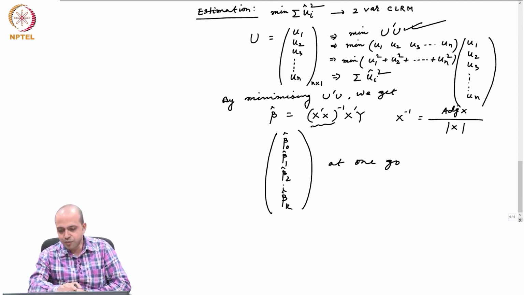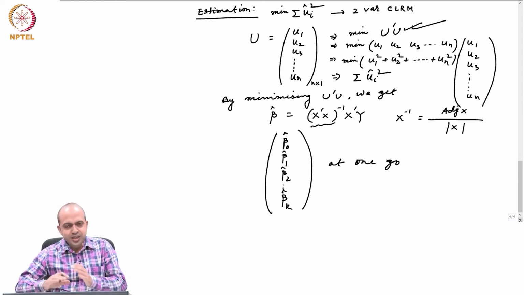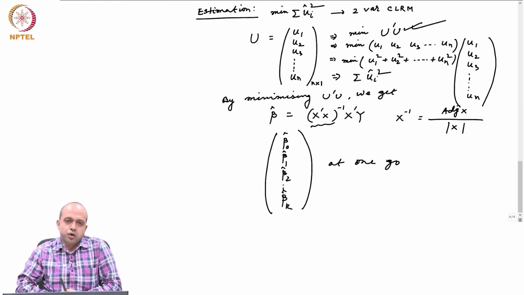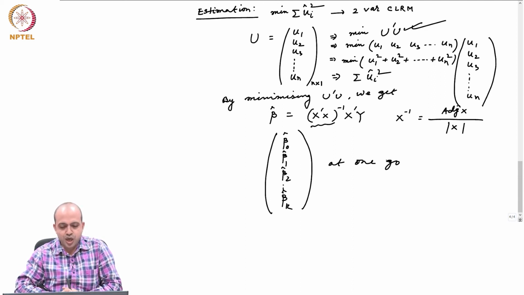So, in general our approach would be to represent the equation in matrix notation, and then solve for beta hat following x prime x inverse x prime y.